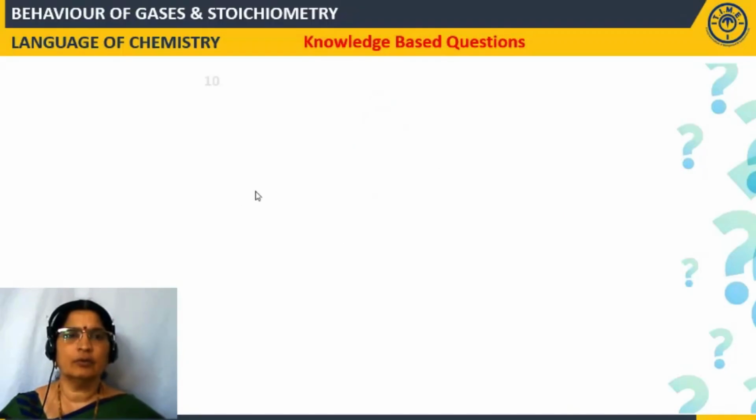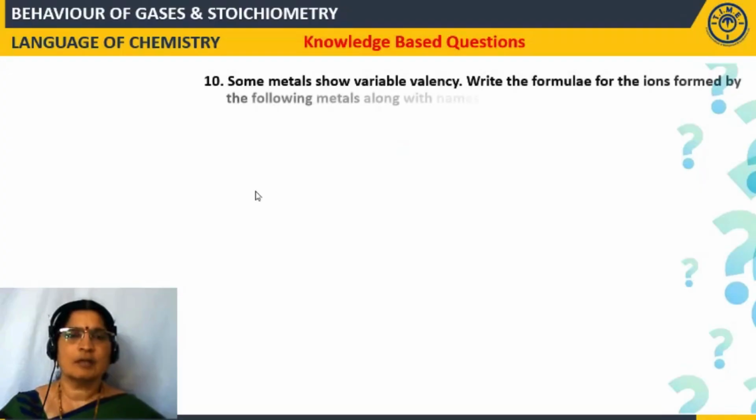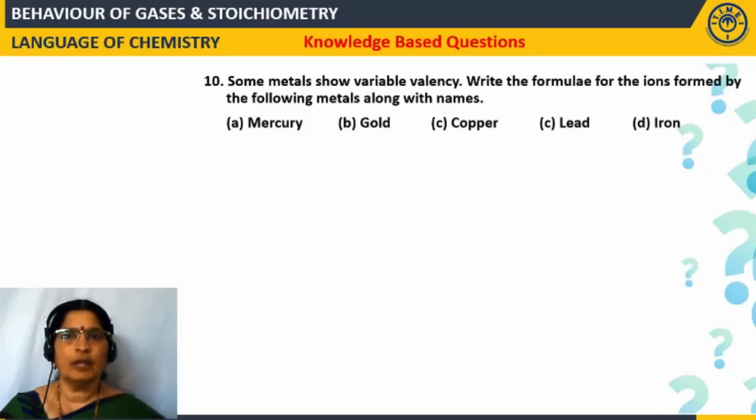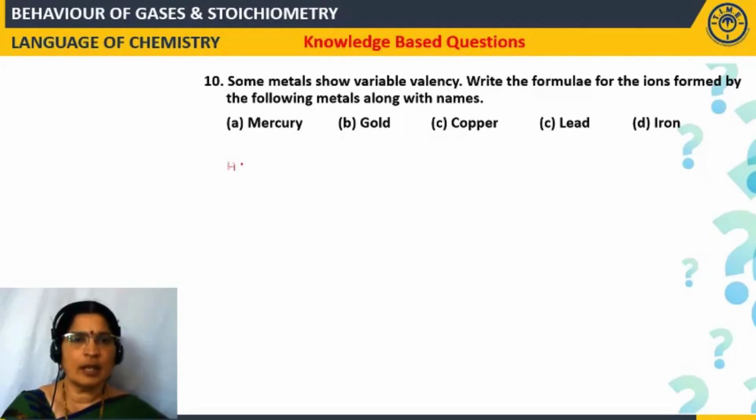Let's go to the next question. Some metals show variable valency. Write the formulae for the ions formed by the following metals along with names. So mercury, if you are taking, it forms 2 ions, Hg plus and then Hg plus 2. Okay, this is mercurous.